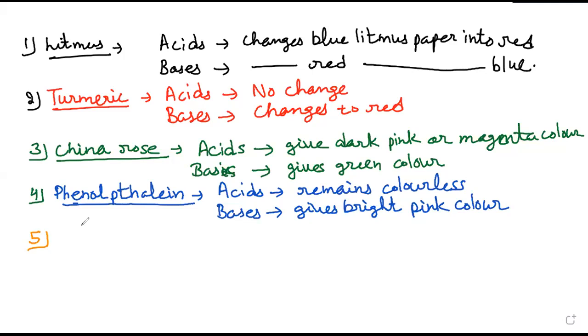Okay. So now the last one is methyl orange. Methyl orange will give different colors with different substances like acids and bases.